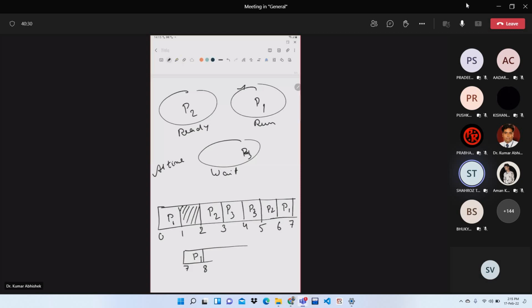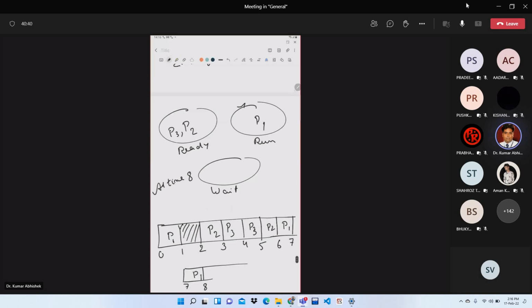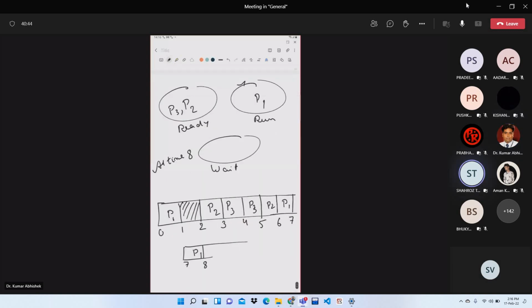Okay, what happens at time 8? P3 goes to ready state. And P1, what happens to P1? P1 remains in run state, sir, because of priority. No, P3 is higher priority. That is why we have three processes P1, P2, P3.